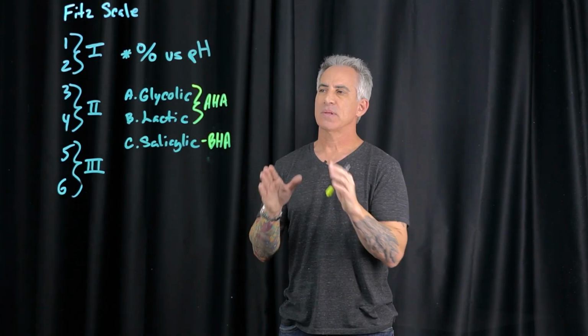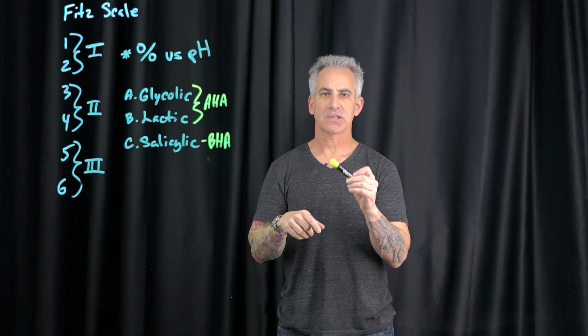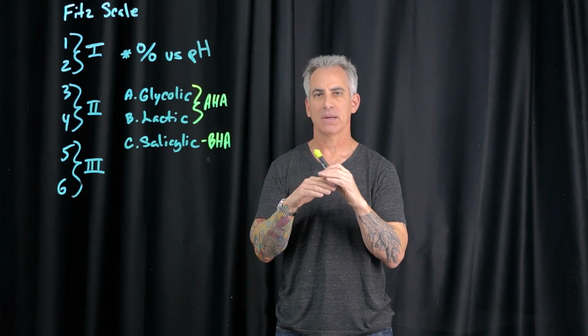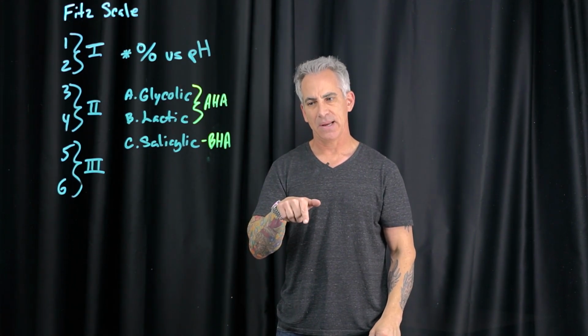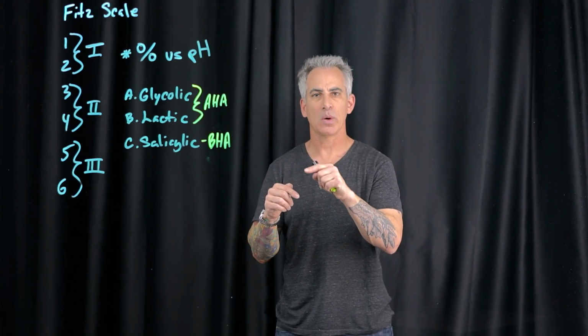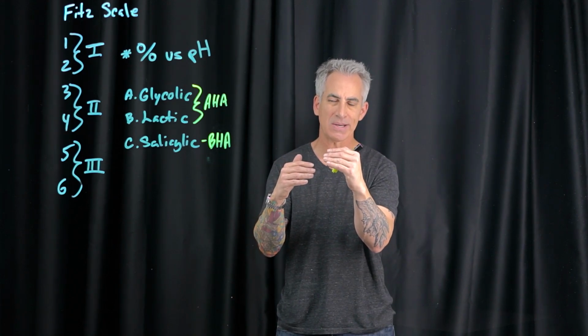Okay. So what you need to remember with regards to percentage or pH is the lower the pH, the stronger the acid, bar none, straight across the board. The problem is when you look at glycolic acid or really any acid, and you see the percentages 10, 20, or 30%, but you see an ultra low pH in the 2 to 2.5 range.